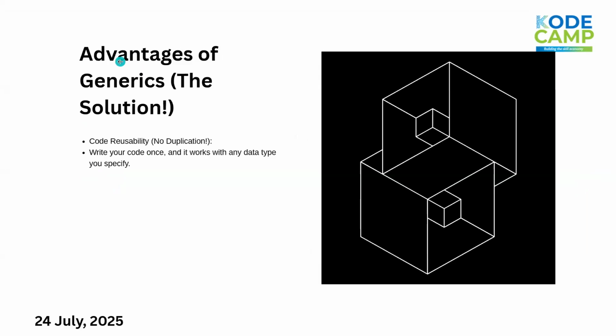The advantage of generics is code reusability, no duplication. You write your class once and consume it wherever you need it by just specifying the data type that would work for that generic class. All these things you will see when we go into the code.